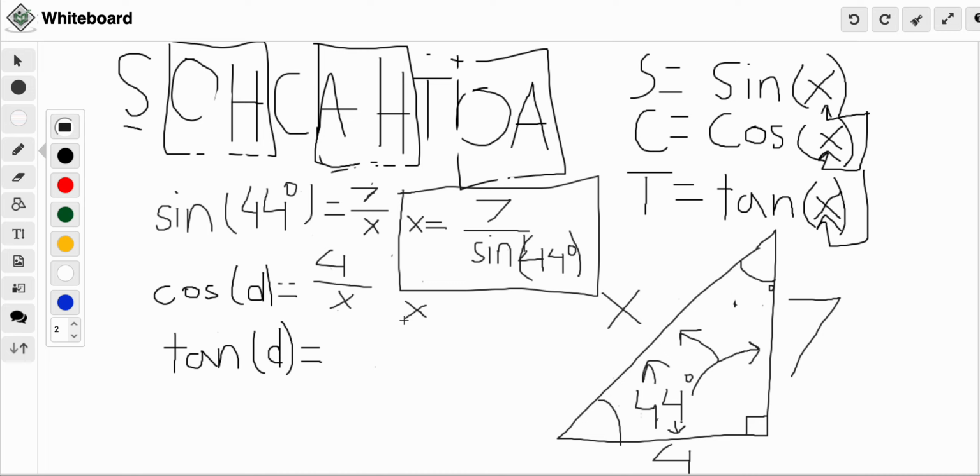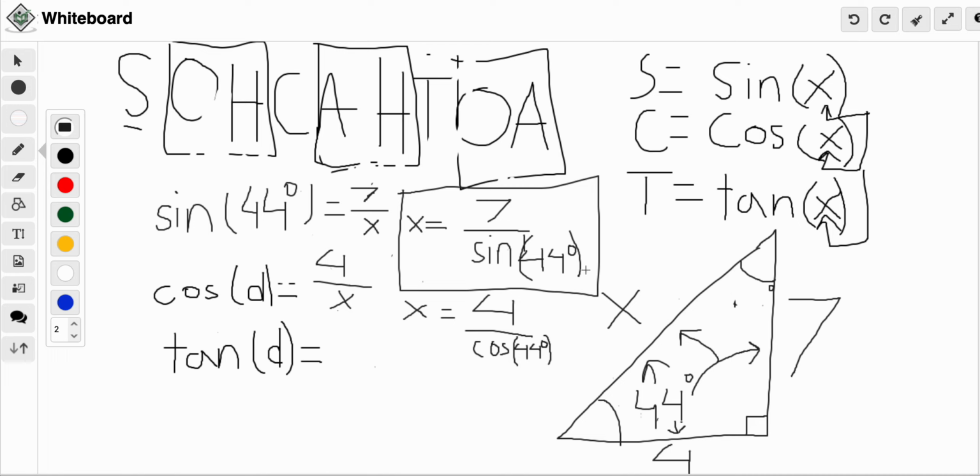X would equal, and imagine this D is just 44 degrees, because that's the angle we're taking here. X is equal to 4 over cosine of 44 degrees. So, that's how you do it for there.